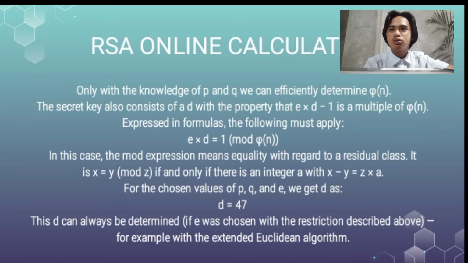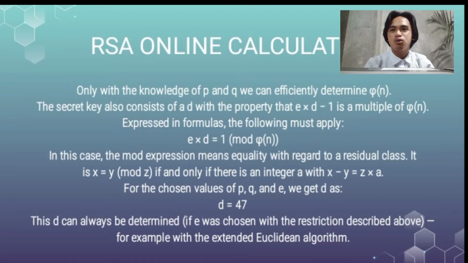The secret key also consists of a D with the property that E times D minus 1 is a multiple of phi(n). Expressed in formulas, the following must apply: E times D equals 1 mod phi(n). In this case, the mod expression means equality with regard to a residual class.